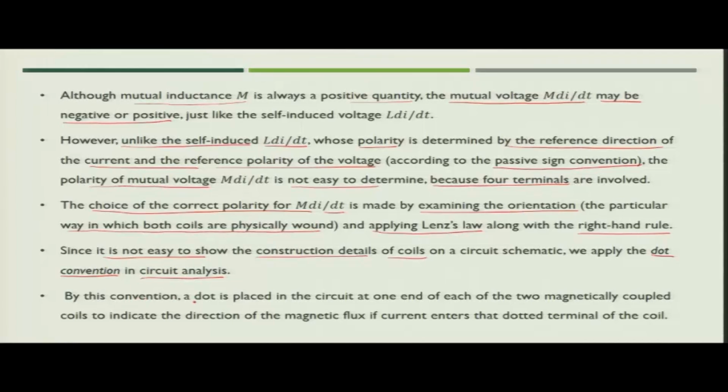By this convention, a dot is placed in the circuit at one end of each of the 2 magnetically coupled coils to indicate the direction of the magnetic flux if current enters that dotted terminal of the coil. So, we show when the current enters the dotted terminal of the coil, how the mutual voltage would be oriented.